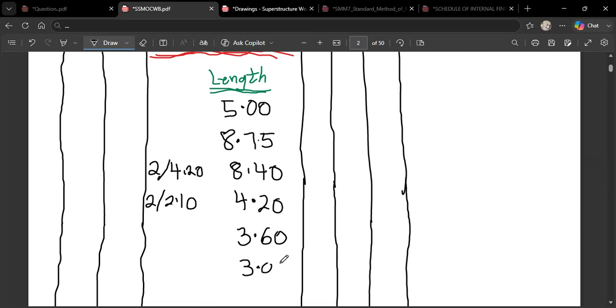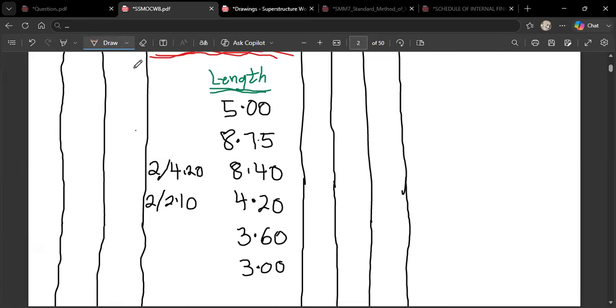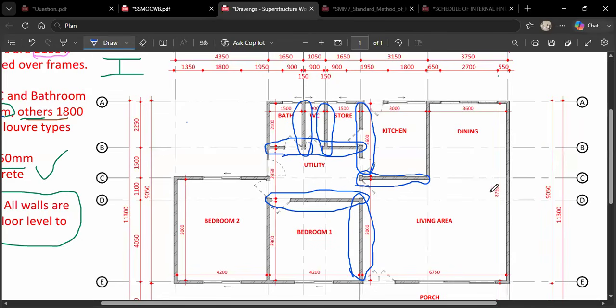I can see some people complaining that they don't understand where the 8.75 came from. So I intentionally left it there. I want to come and talk about it and draw more attention to it. I will change to a different color pen to highlight it. Take note, the 8,750 you are seeing is a combination of this dimension and this dimension.